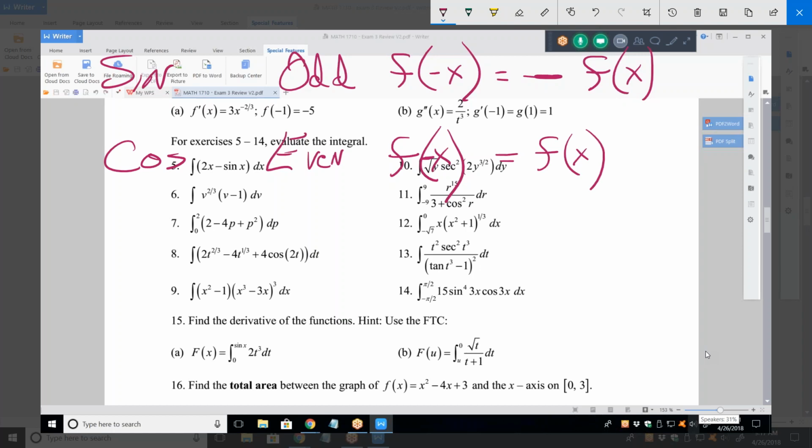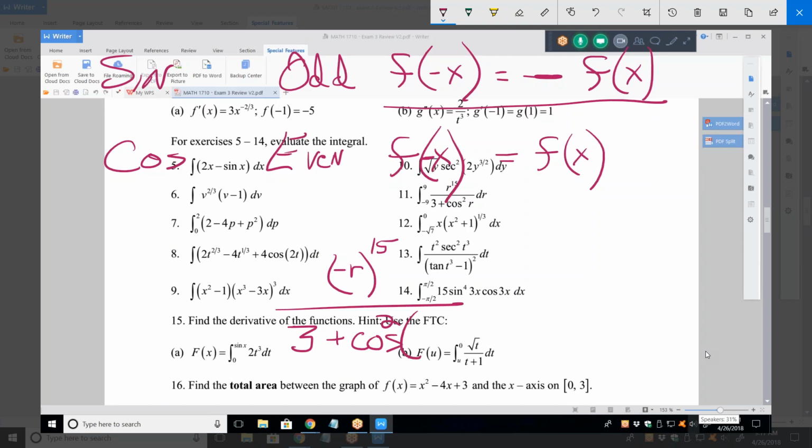Yep. All right. So how can we tell if this is odd or even? They say it's odd. So this has to be true. Well, let's see. If I substitute minus r for r, what's the numerator?